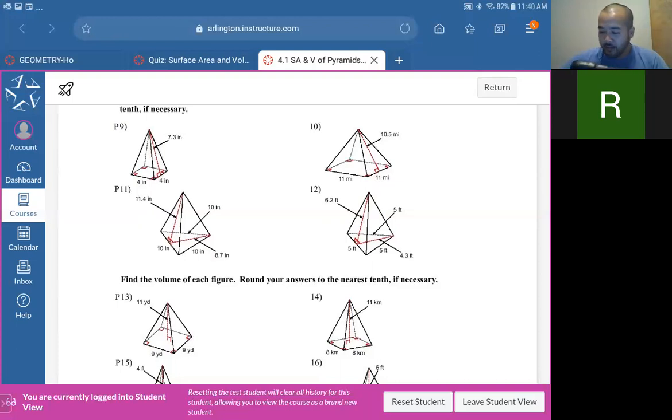For 11, the base is a triangle with base 10, and the height of the triangle is 8.7.